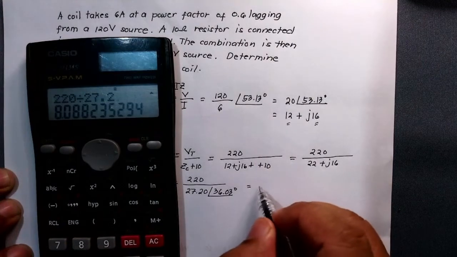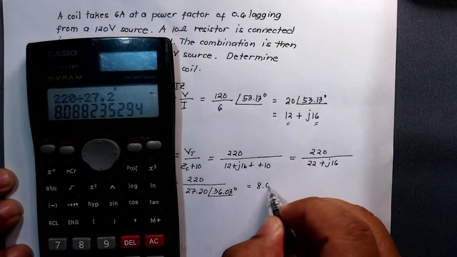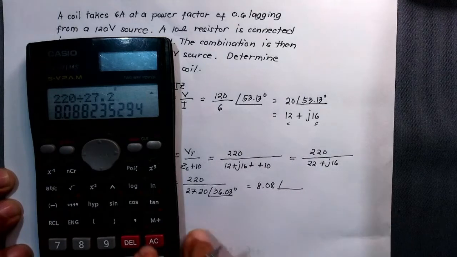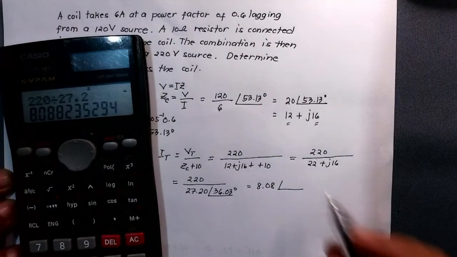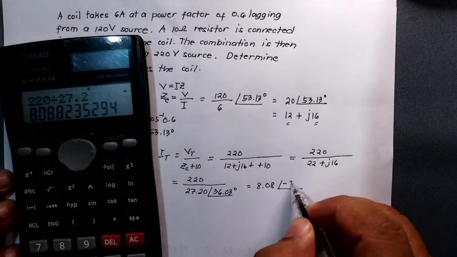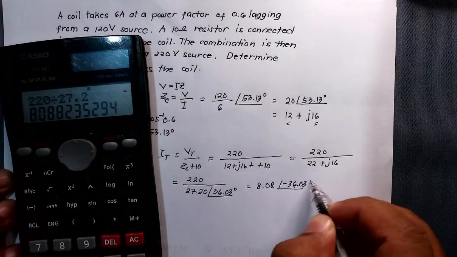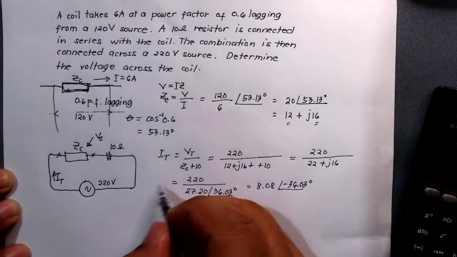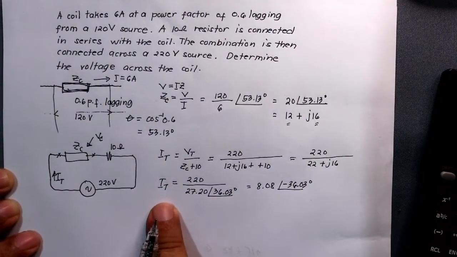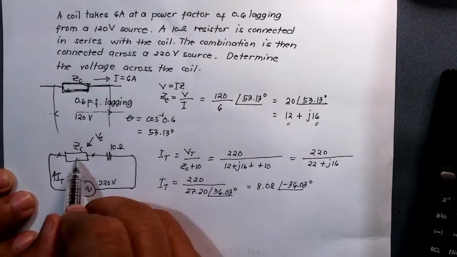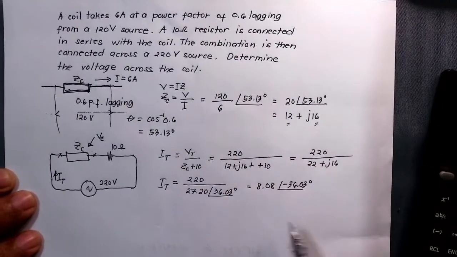It will give you 8.08 cis of, this will be shifted to the numerator and the sign will change, it will become negative 36.03 degrees. So this is your total current. Knowing your total current, we can now get the voltage across the coil using again Ohm's law.